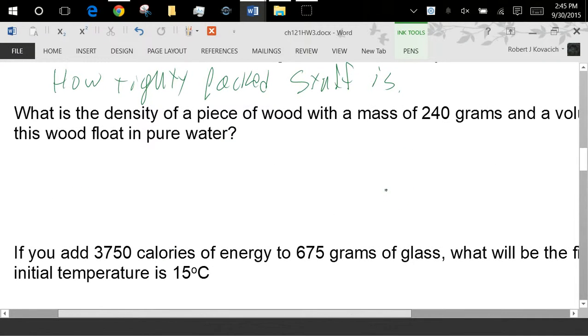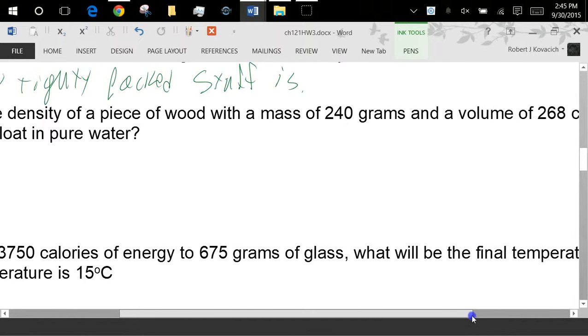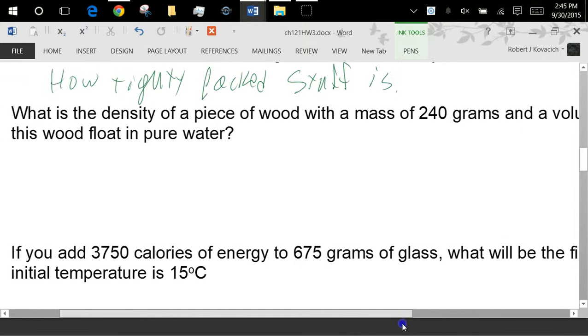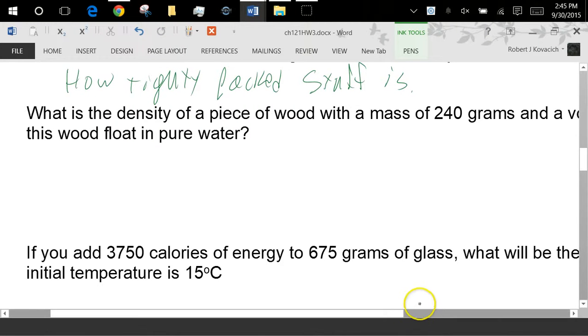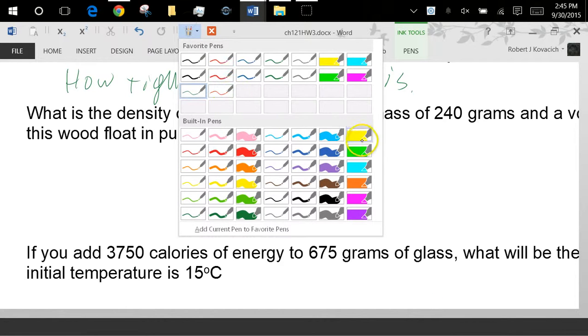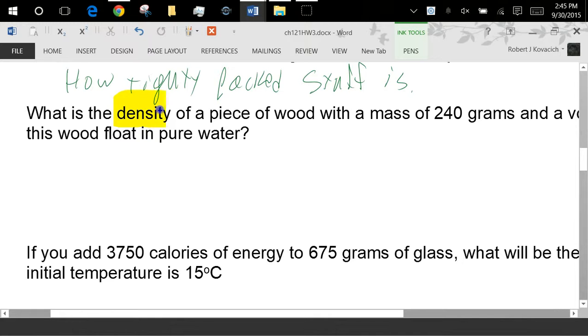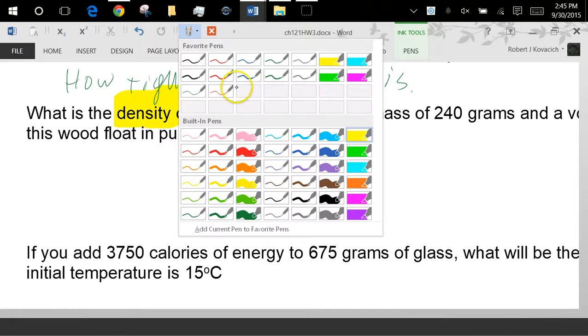All right, what's the density of a piece of wood with the 240 and 760? Okay, so what units am I looking for? Grams and milliliters. I'm looking for a number that's density, right? And so what are the units for density? A mass divided by a volume.